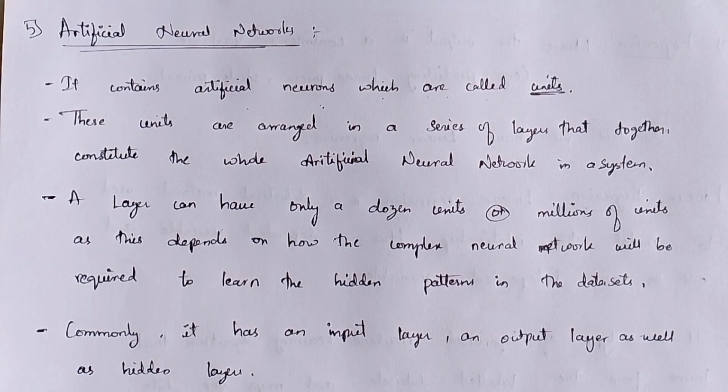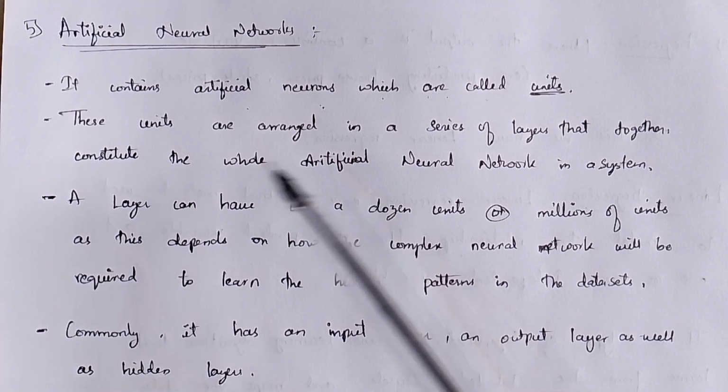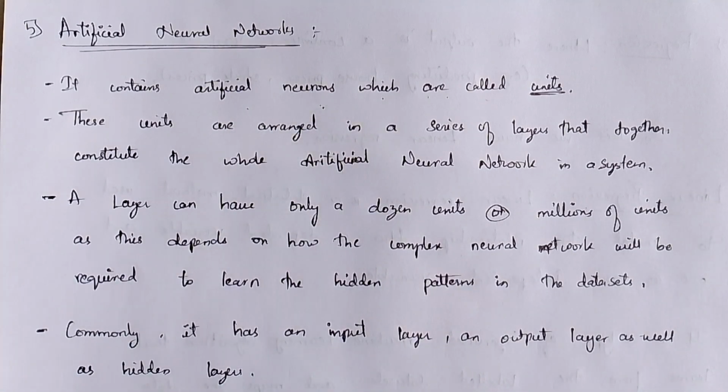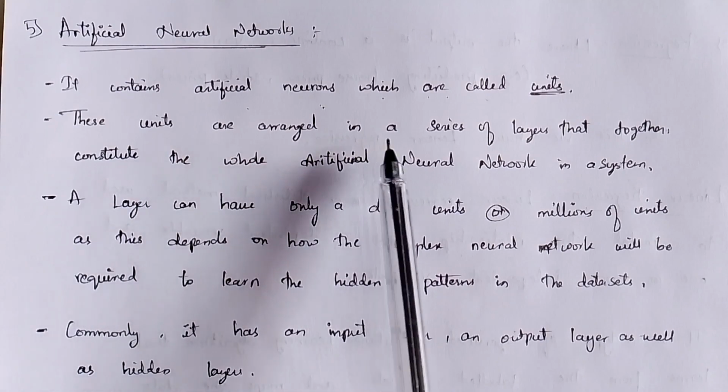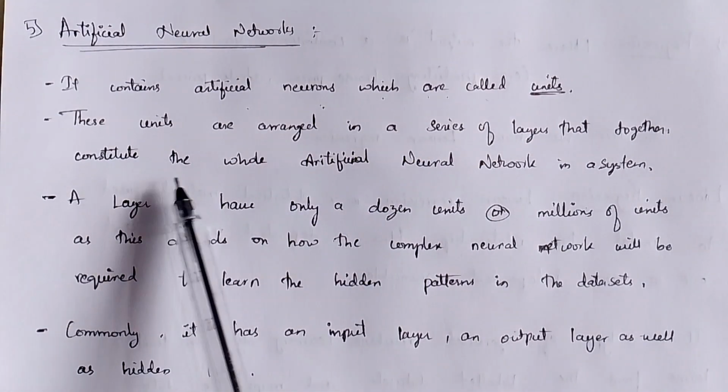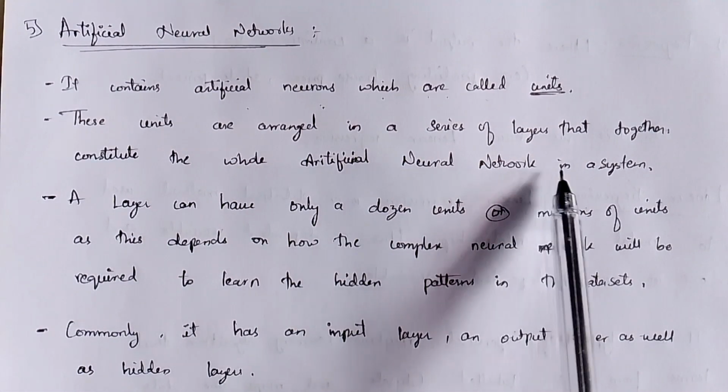Like that only in the artificial neural network also, as the name is appearing here, you'll get an idea what we are talking about, right? An artificial neural network has artificial neurons called units. These units are arranged in a series of layers that together constitute the whole artificial neural network in a system.